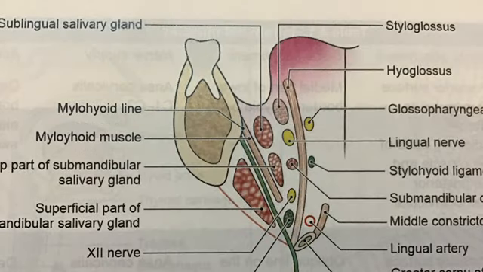This is the coronal section from the floor of the mouth. You can see the superficial part of the submandibular gland and the deep part, which is divided by the mylohyoid muscle, and you can see again this investing fascia. The 12th nerve is passing and the lingual nerve is near the styloglossus muscle.